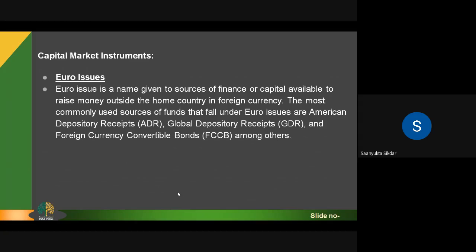Now, the citizens of America cannot easily trust the Indian company, so the Indian company cannot easily raise funds from American citizens in dollars.